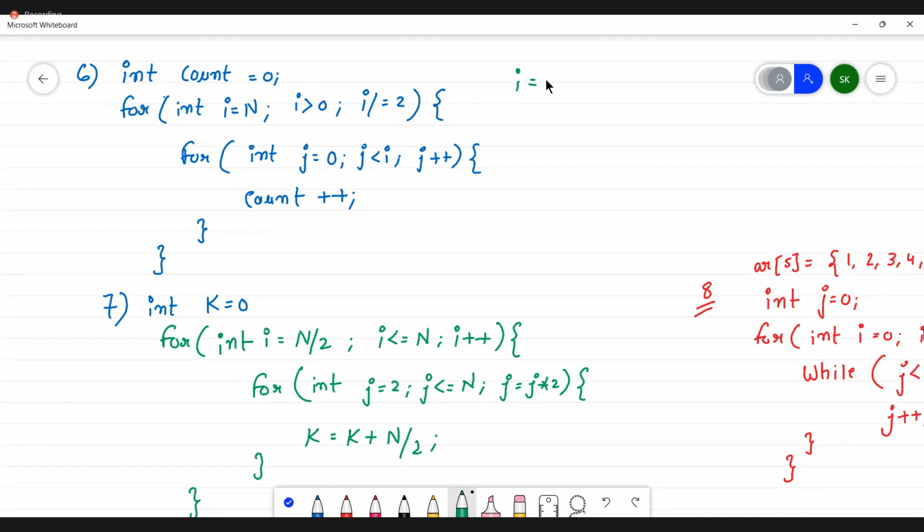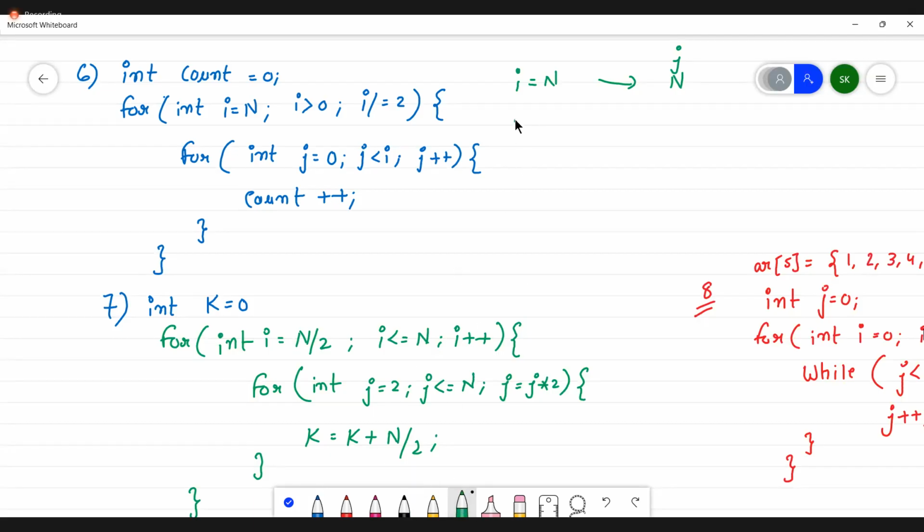For i equals n, how many times is your j loop going to run? n times. i equals n indicates only one iteration. Don't get confused.